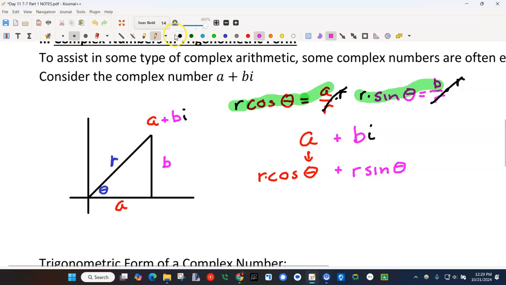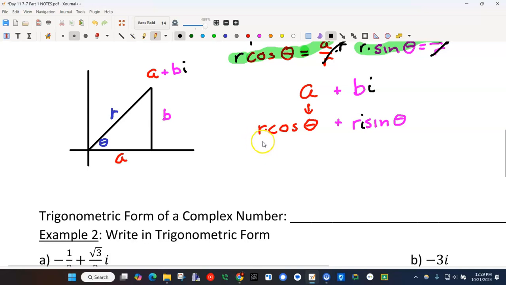Now we also have the i, right? On the standard form, the i is usually last. In the trigonometric form, we usually put it right in front of sine. So we say r i sine. That's how we say that. R times i sine theta. And then we can just factor out an r. So from here, just factor r out.